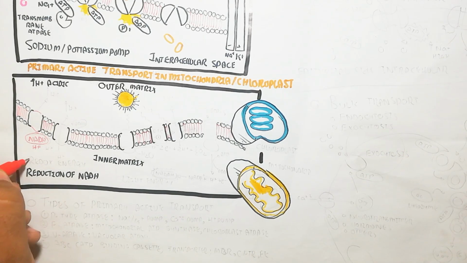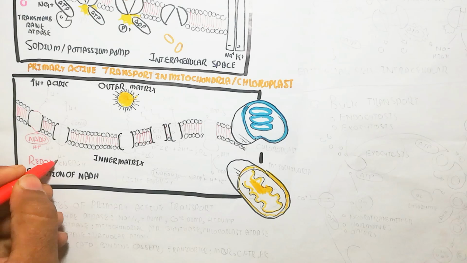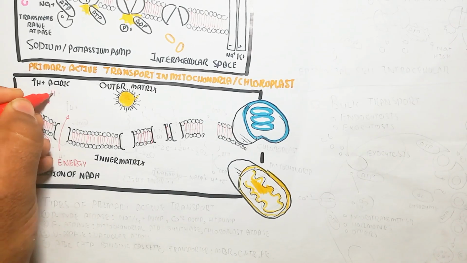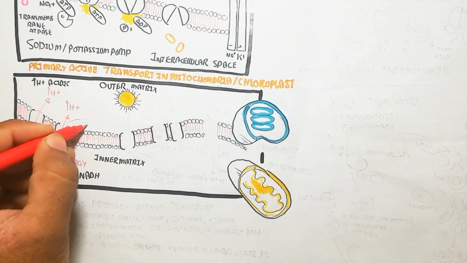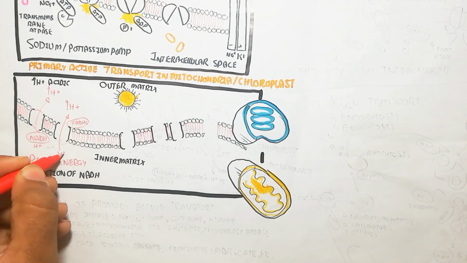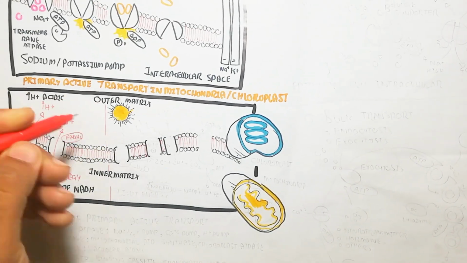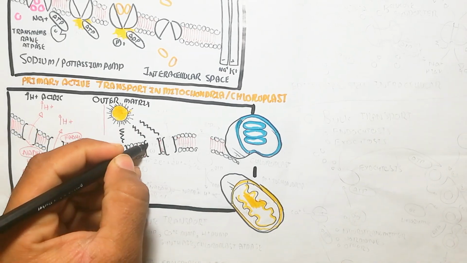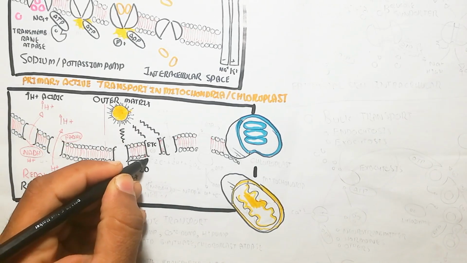For the chloroplast, light energy is required for the transport of the proton from a lower concentration to a higher concentration. The NADH or FADH2 used to pump out the proton is known as redox energy.